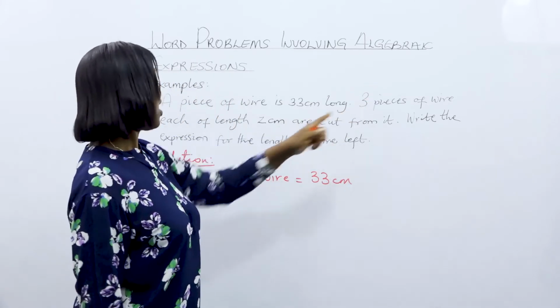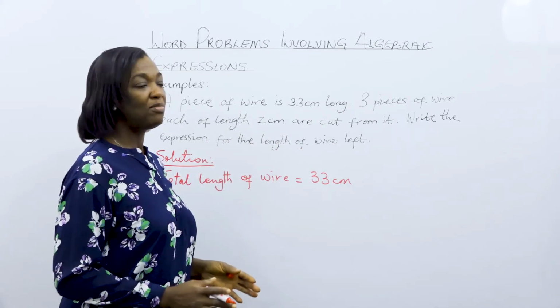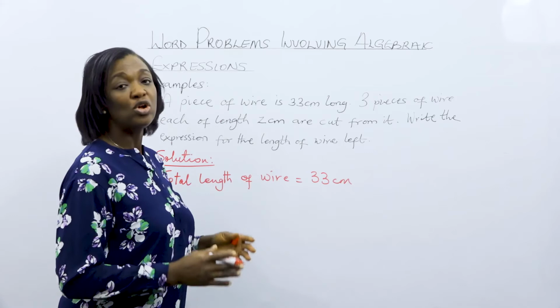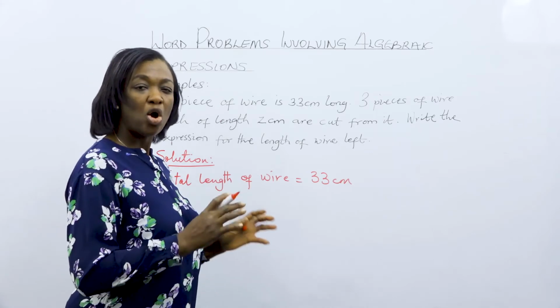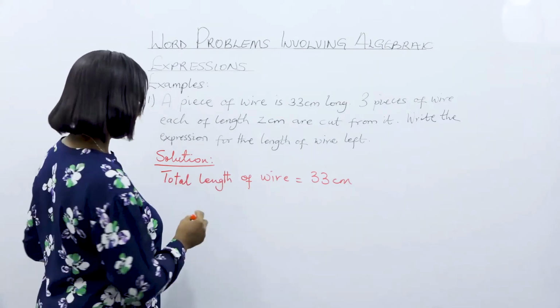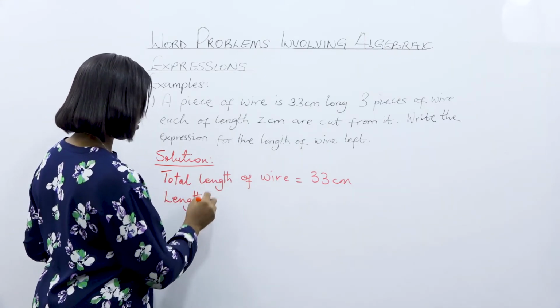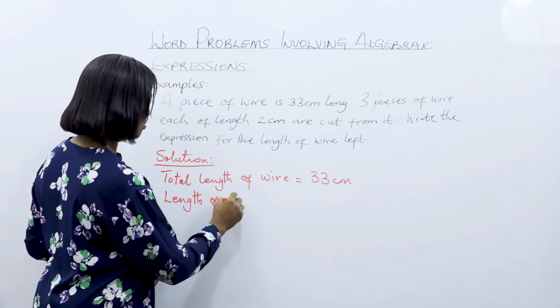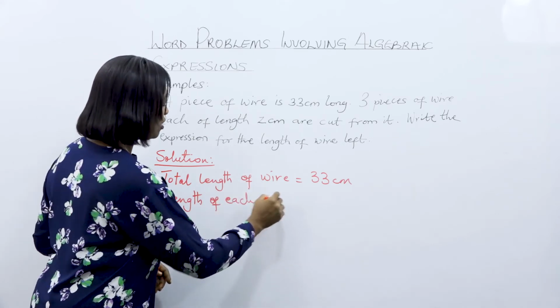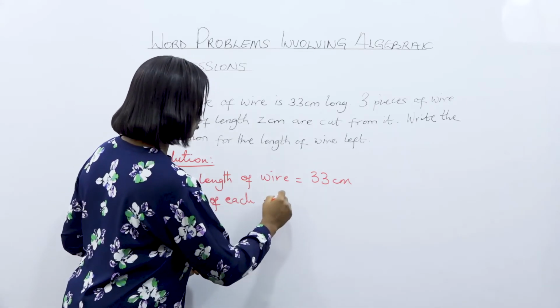3 pieces of wire, each of length z centimeters. Each of them is z. We don't know what z is. That's our unknown, that's our letter. And there are 3 of them. So the length of each of the ones that have been cut out is equal to z.